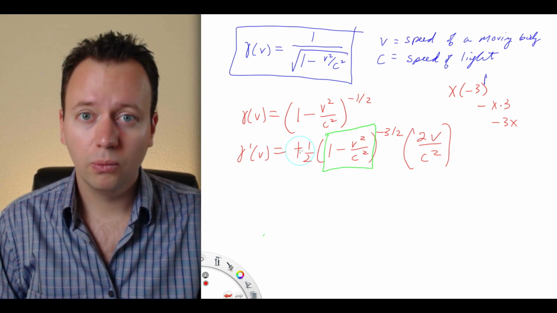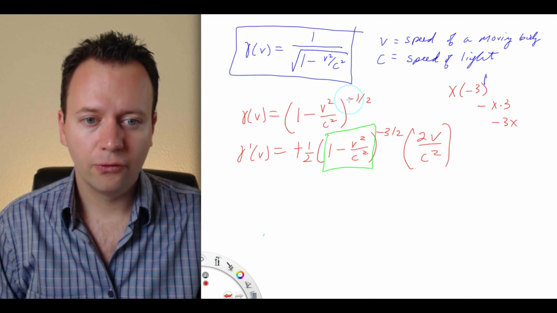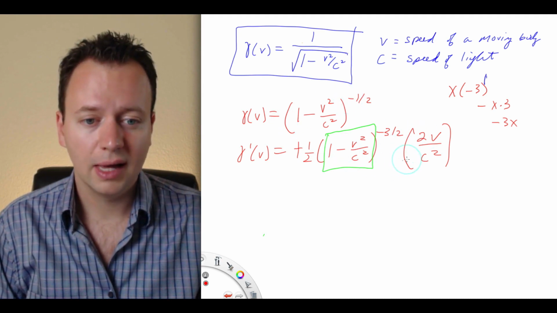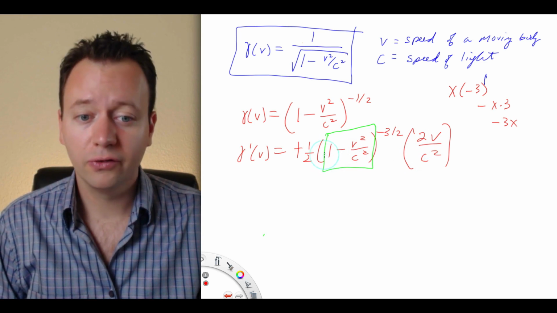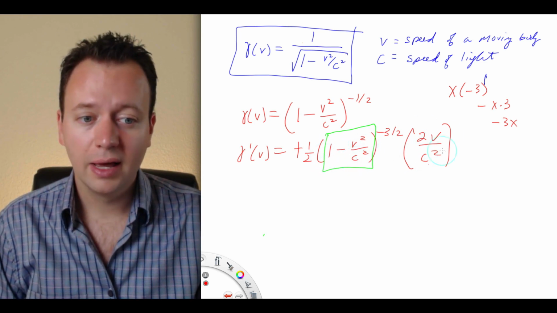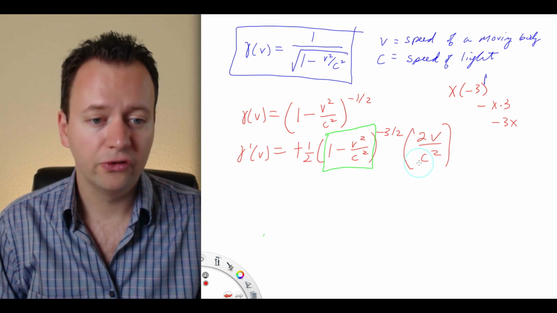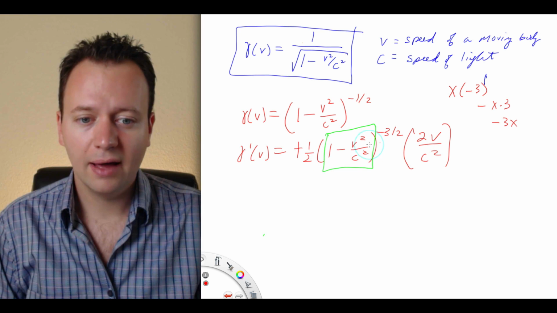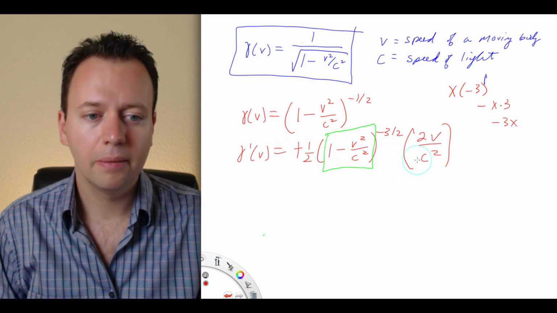So we got 1 minus sign from the minus coming down here, and then another one from the derivative of the inside. So the derivative of the inside, the derivative of 1 minus v squared over c squared, is just 2v over c squared. The exponent came down for the -1/2, and then we had a minus that came out there.